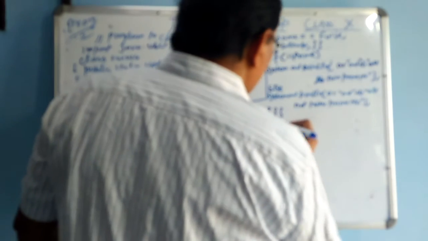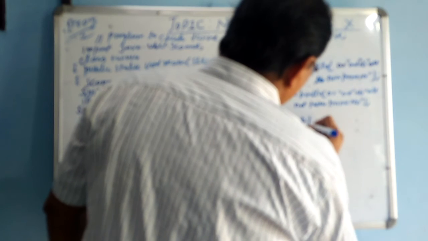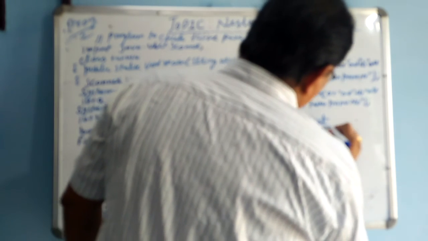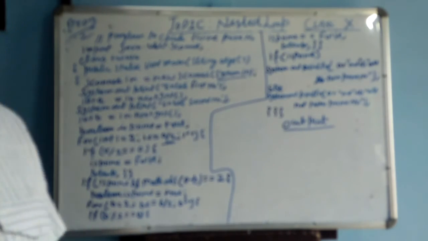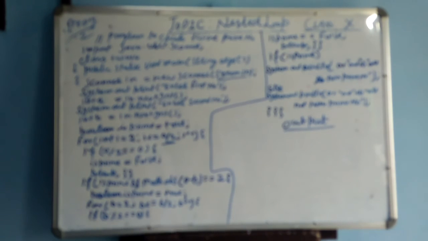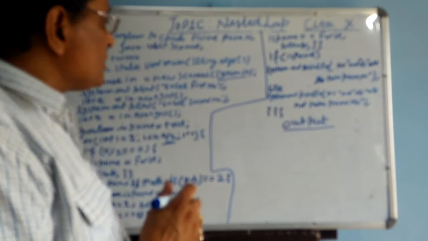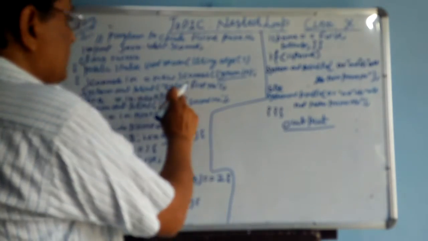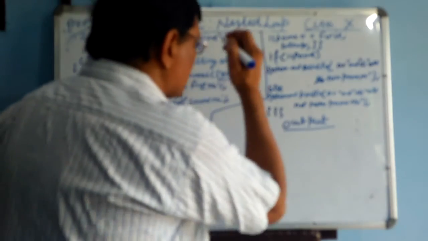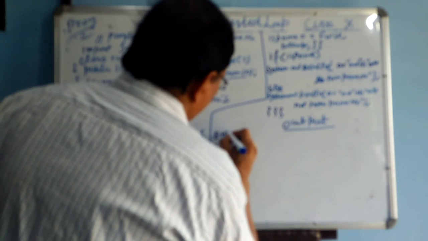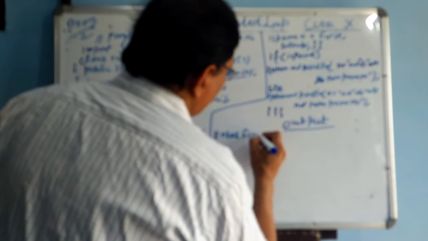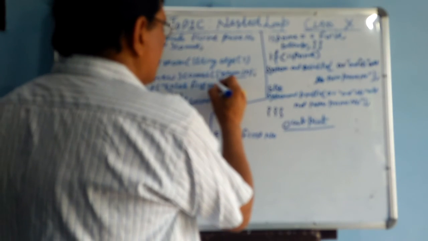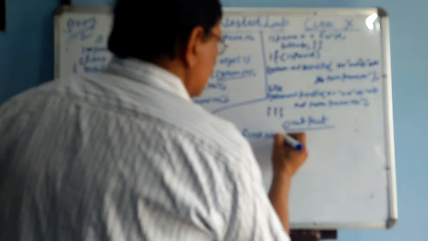Now what will be the output? Now we will check the output, how the output will come for this program. First of all, it will give us this message: enter the first number, which is written by you. Suppose you have written here a colon, then it will show the colon.